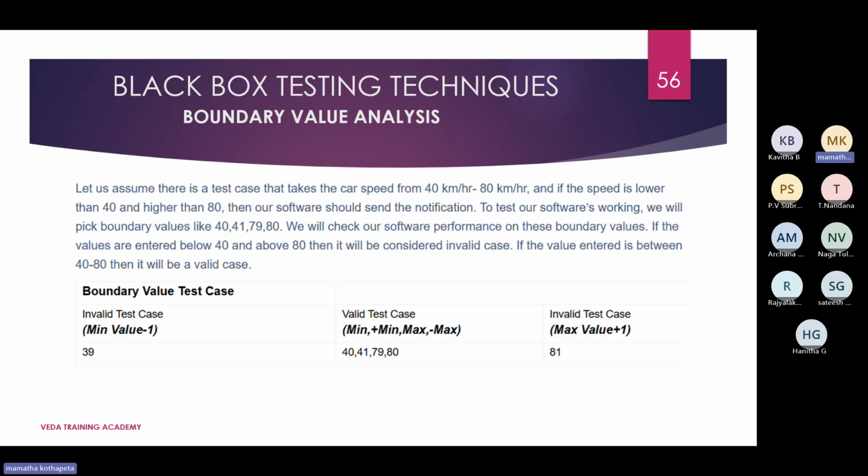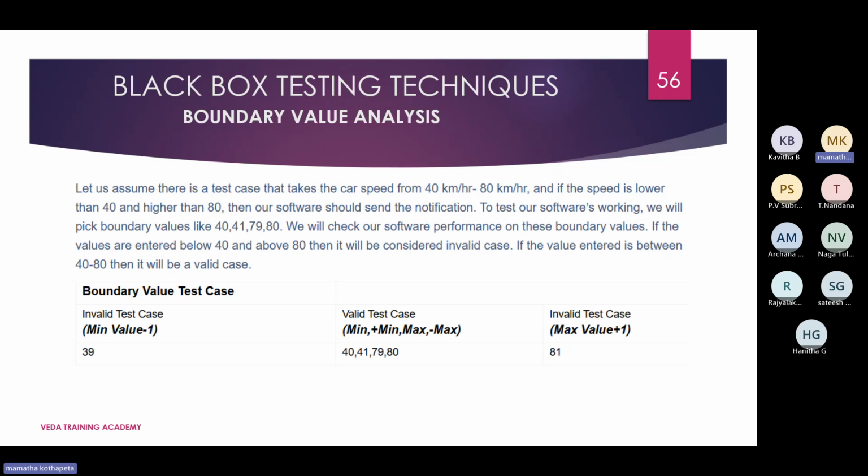Now, see, the only small difference is that if it is, let's say, 1 to 100, partition will create partitions between this 1 to 100 range and check the range. Whereas boundary value analysis only concentrates on the edges.